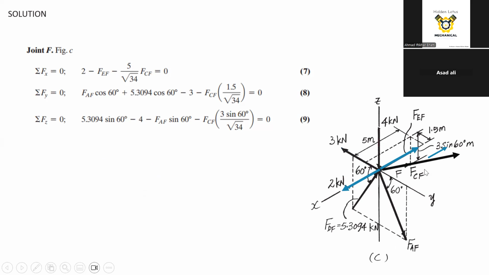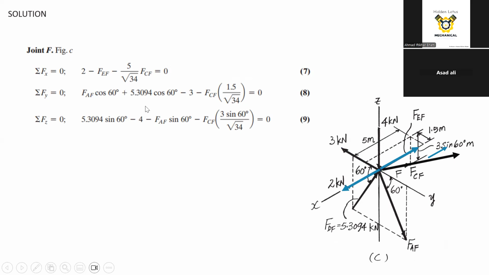And you see we have member CF, which is neither in the X, Y, or Z axis. So in the horizontal direction, we get a force of FCF multiplied by 5 over root 34, and it is negative.